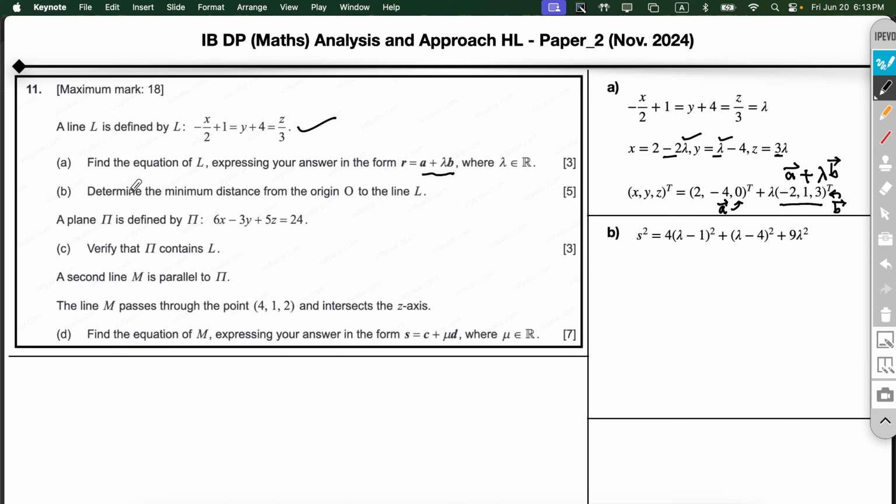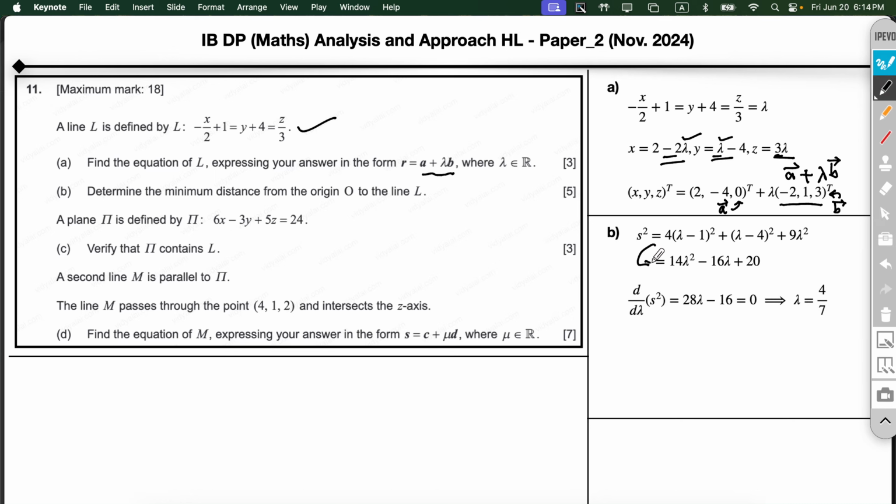Next, it asks: determine the minimum distance from the origin O to the line L. A point on the line L can be represented as 2 minus 2 lambda, lambda minus 4, and 3 lambda, as we found in the previous part. Then we take the squared distance from the origin, take a derivative and set it to 0.